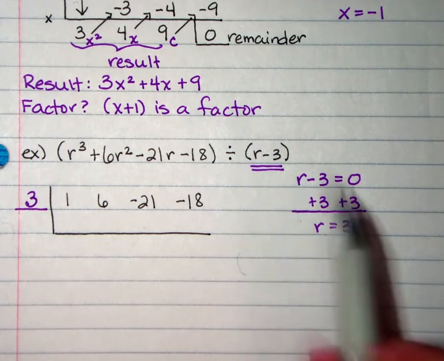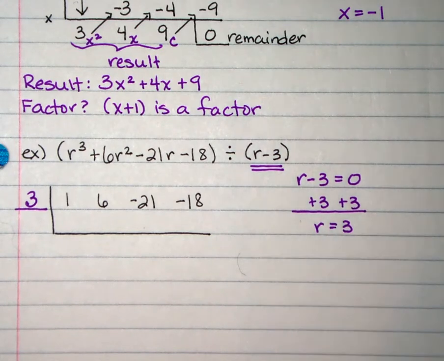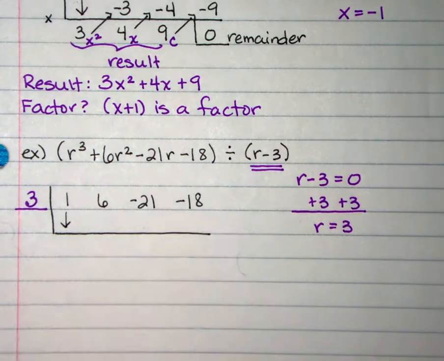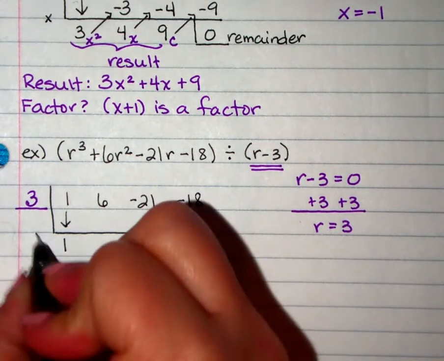So let's start the same process. First create your arrow down, because I need to have the first digit to use as the beginning of all of my multiplications. 3 times 1 gives me 3. 6 plus 3 is 9. And I start the process all over again.